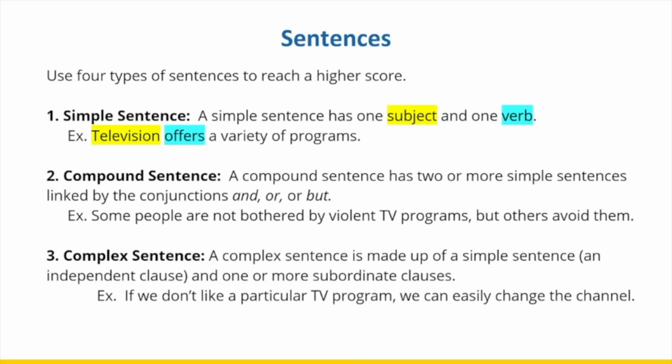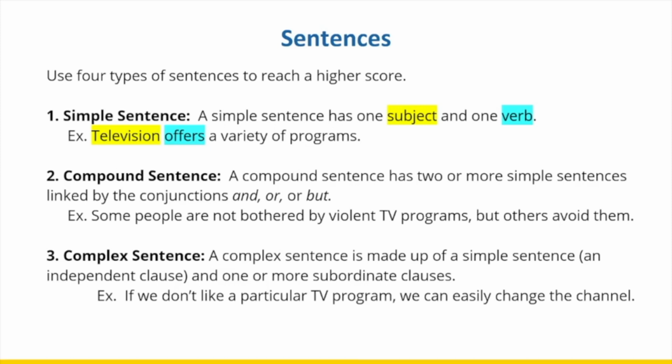The following one we have is our third type of sentence. It's a complex sentence. A complex sentence is made up of a simple sentence or independent clause and one or more subordinate clauses. We also call it a dependent clause. Here we have the following example for this type of sentence. If we do not like a particular TV program, comma, we can easily change the channel.